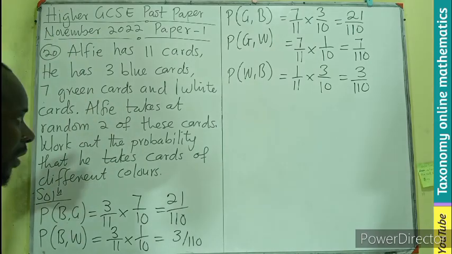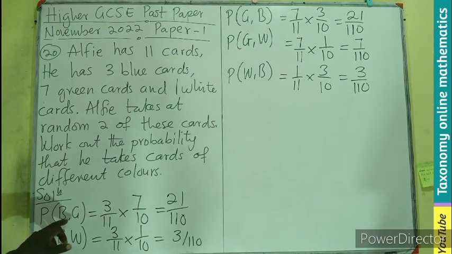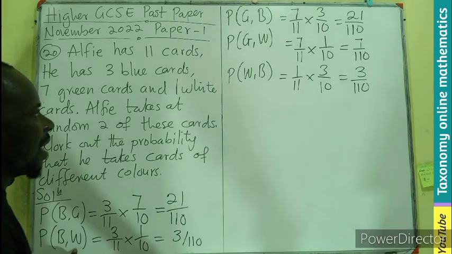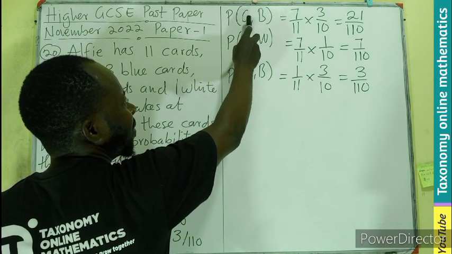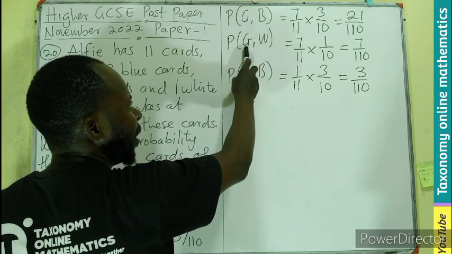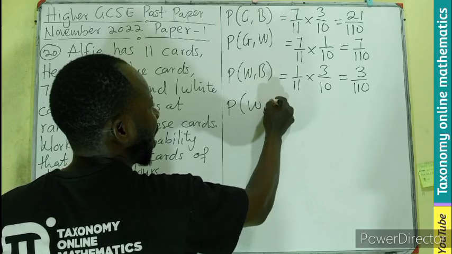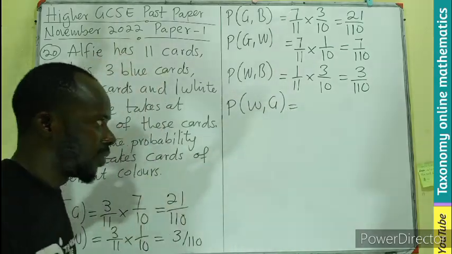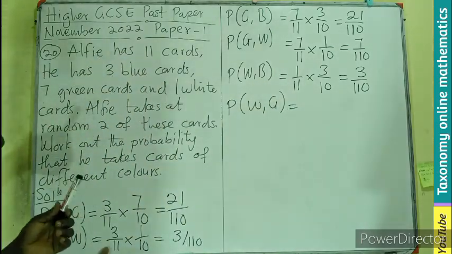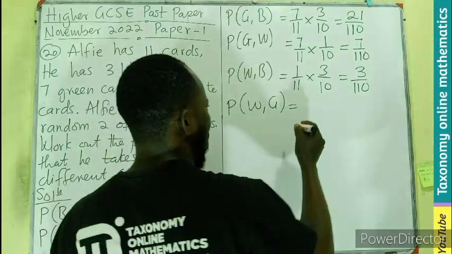Now, what other option do we have? We have blue first, green second; blue first, white second; green first, blue; green, white. Then it could be white and what? Green. These are the chances we are looking for. We are picking at random, so anyone can come first.